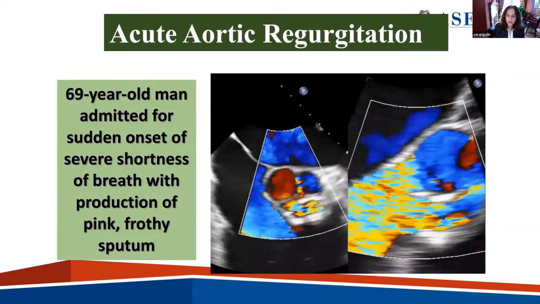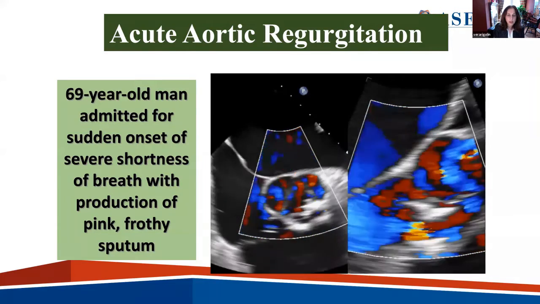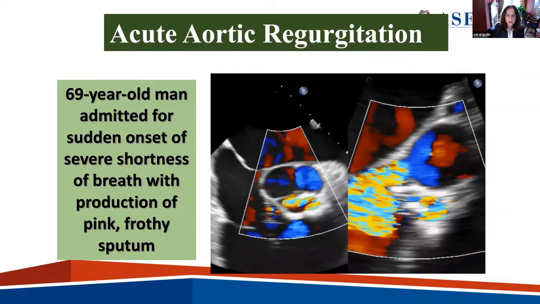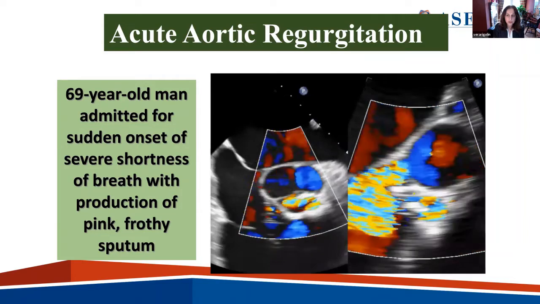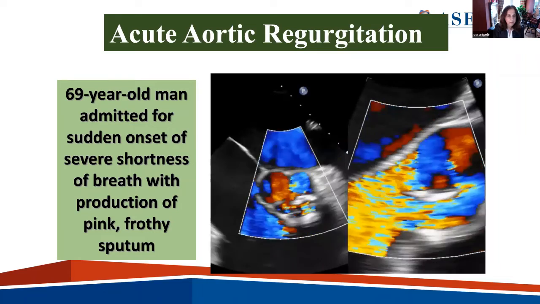So the combination of the dilated ventricle plus the eccentric hypertrophy allow the ventricle to adapt to the volume overload associated with the regurgitation. This allows an individual to withstand even severe regurgitation for quite a long time.